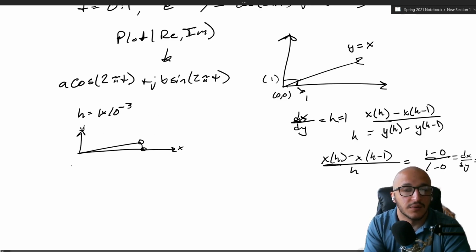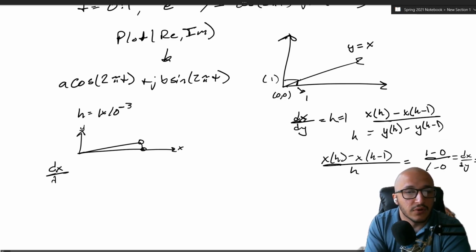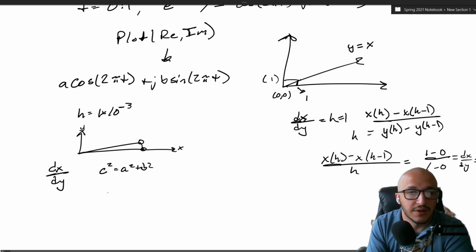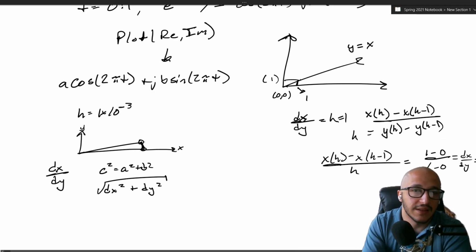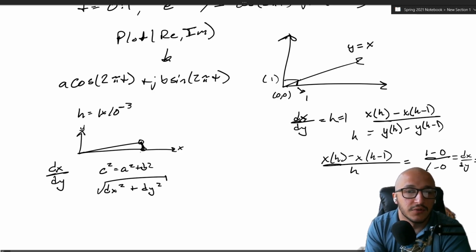Instead of doing dx over dy, you would use Pythagoras's theorem. Remember, c squared equals a squared plus b squared. You can find this distance here by doing dx squared plus dy squared and taking the square root of that. That would be this change here. So you have some dx here and some dy here.